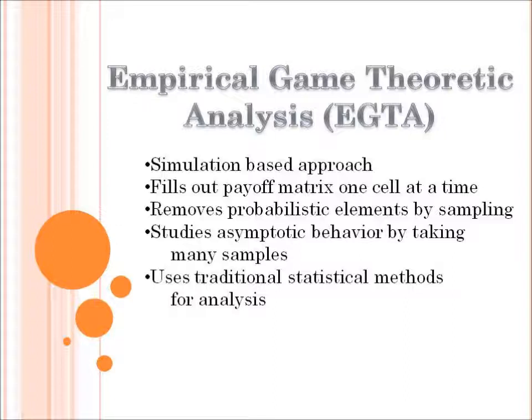For example, if on the first simulation I draw 0.2, then that becomes my private valuation for the duration of that simulation. But whenever we have probabilistic elements, a single sample holds low statistical power. As such, we need to sample the game multiple times and observe the asymptotic behavior by using traditional statistical methods.